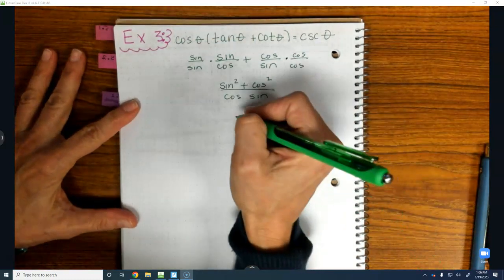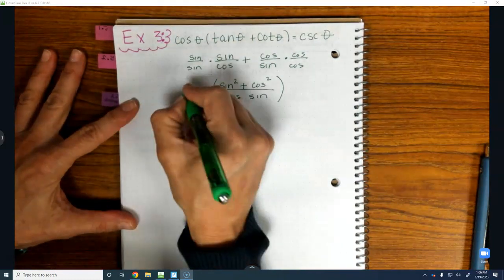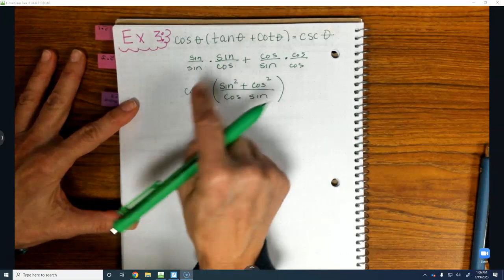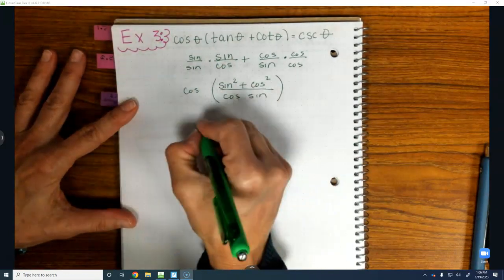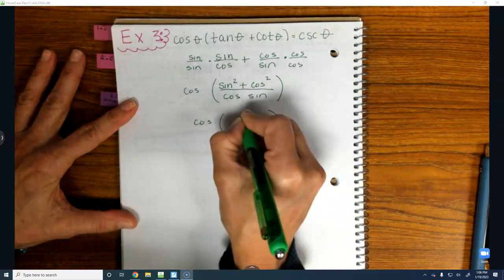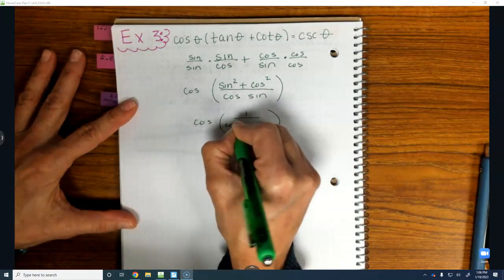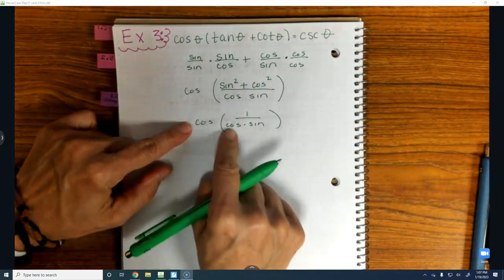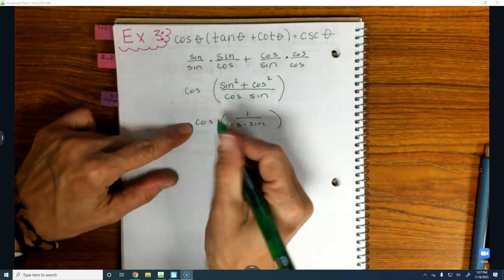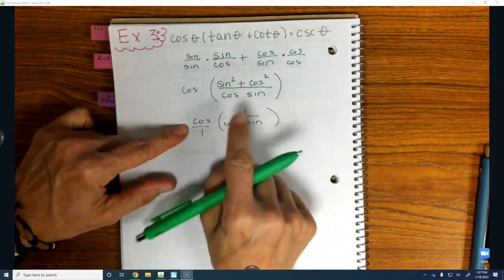All right, so now what we have is, remember, this is being multiplied by cosine. But I've got an identity right here, guys. I'm going to go ahead and knock that out. So this is going to be cosine, and this is going to be 1 over cosine times sine. And when we distribute, guys, if you notice, these cosines are going to cancel out because this is like over 1 and that's under 1.